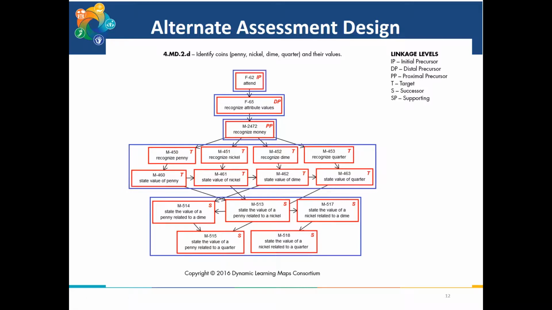So this assessment is designed so that all learners, regardless of their communication or cognitive level, can not just be assessed on the alternate achievement standards, but also instructed using the alternate assessment standards. Okay. So a teacher can use this map as what? Entry and exit points for instruction. All right.